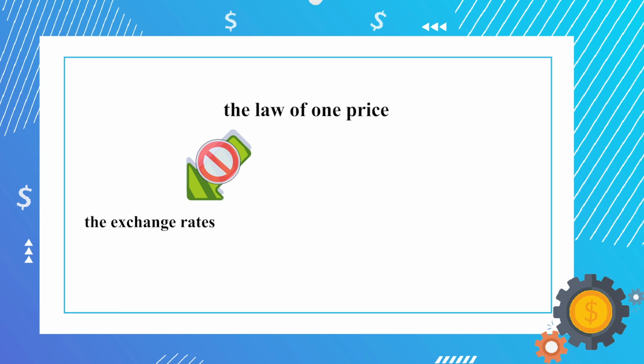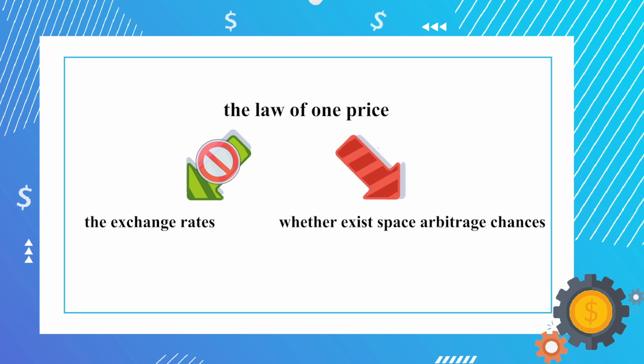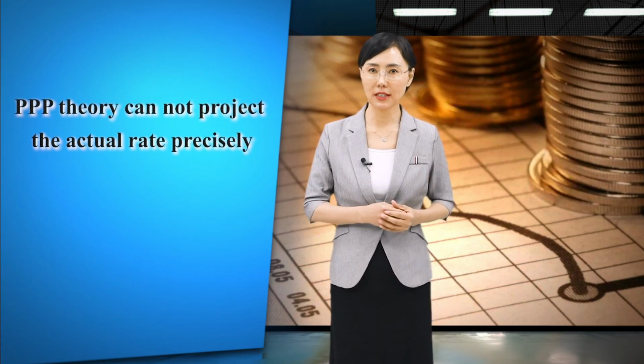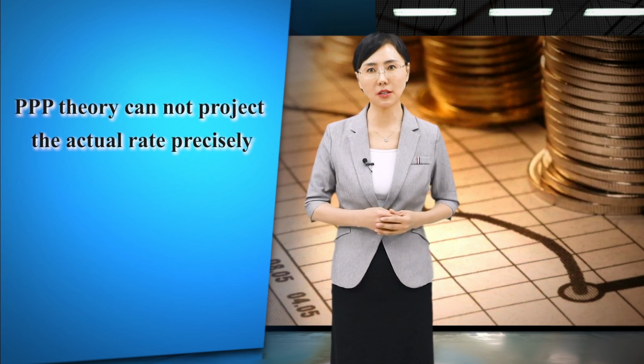In reality, the law of one price is seldom used to determine the exchange rates between currencies. Usually, it is used to judge whether there is a space arbitrage chance by comparing the exchange rates between two or three currencies. The same situation applies to PPP theory.